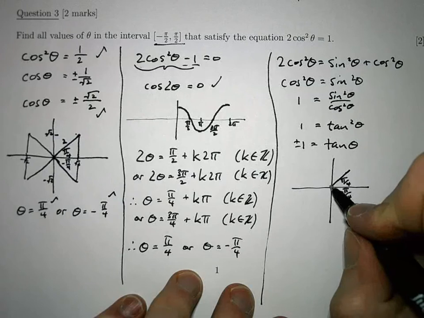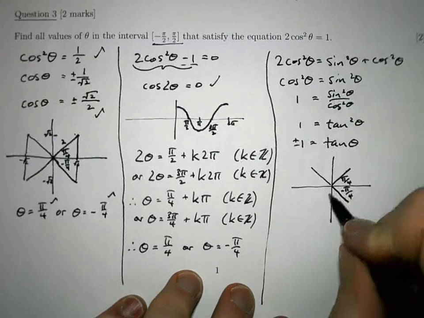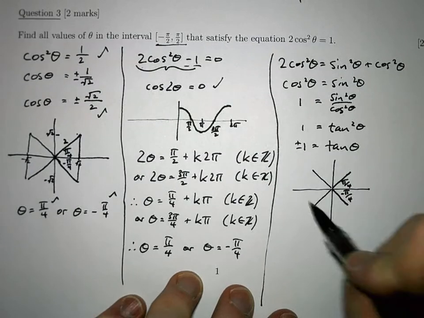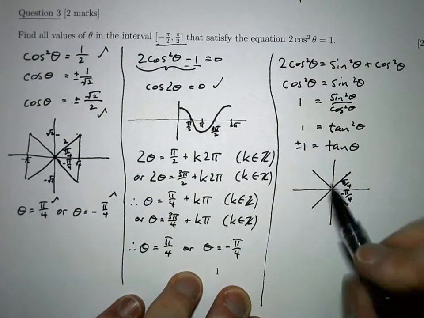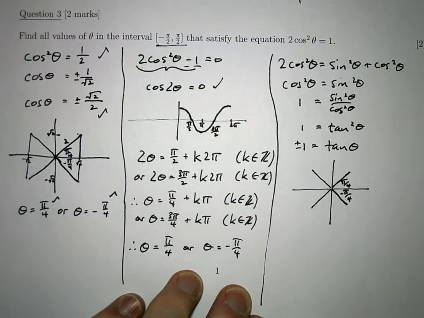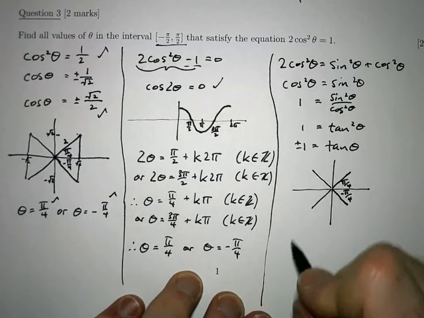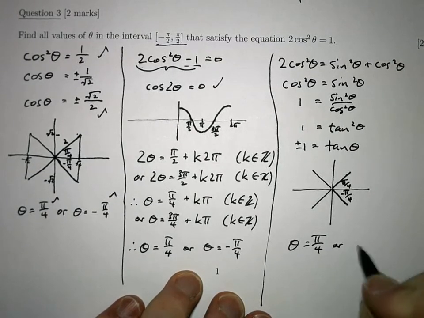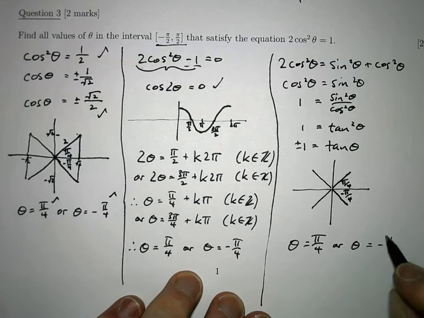Of course, these ones are also valid over here and over here, but they're excluded because of the interval we're looking at. We're only looking for the interval between minus pi over 2 and pi over 2. So from here you can see quite quickly that theta is equal to pi over 4, or theta is equal to minus pi over 4.